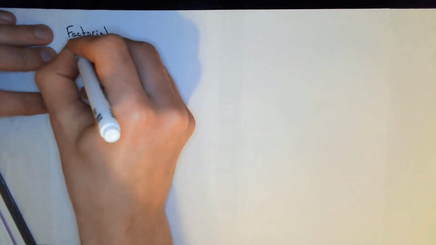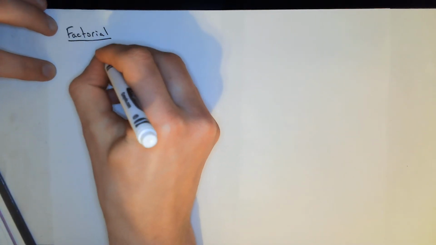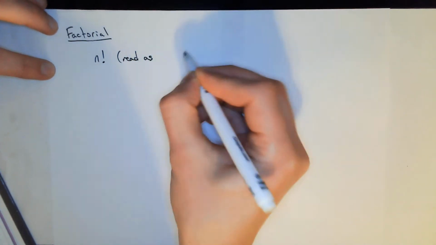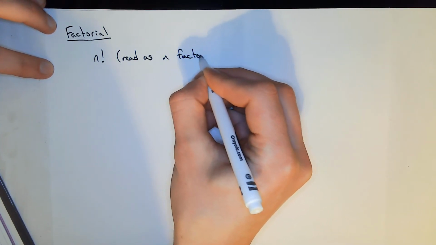Okay, now since we are talking about products of descending numbers, we're going to go ahead and define something called a factorial. We'll also be using factorials in the rest of this section when we talk about combinations and permutations. So let's go ahead and get this out of the way. So now we're doing just some math real quick. N factorial, as the book said, is read as n factorial.